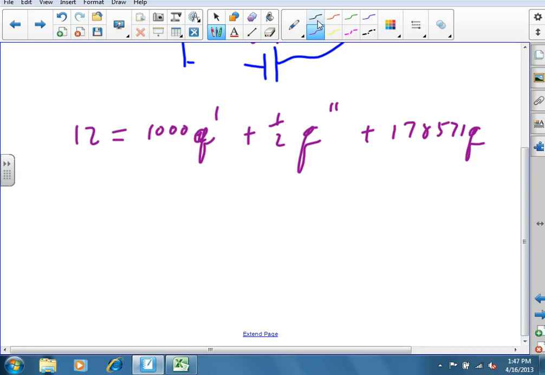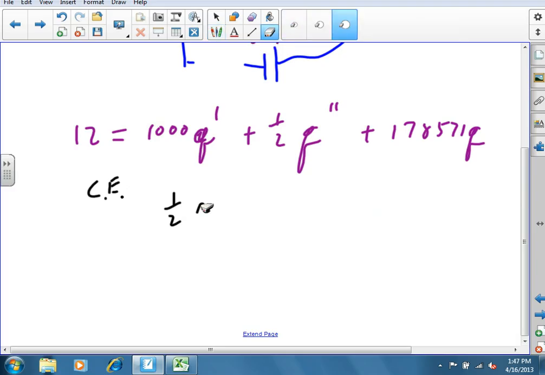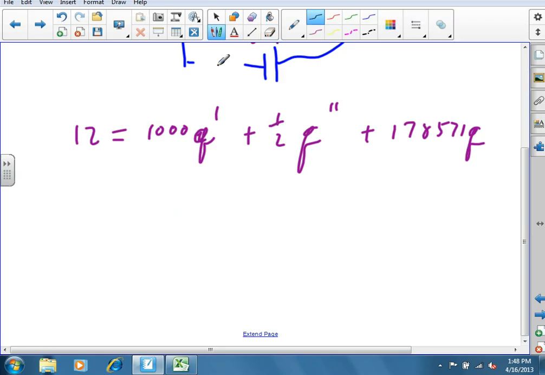I have a characteristic equation. Before we do that, we're going to multiply everything by 2 so we get rid of the 1/2.